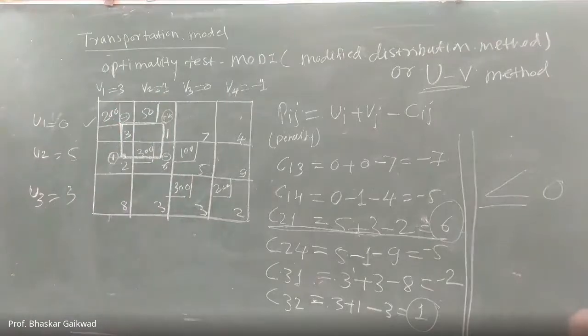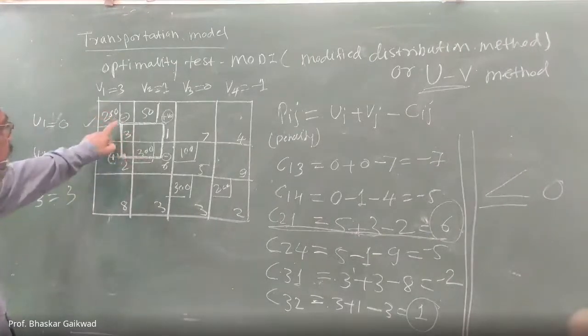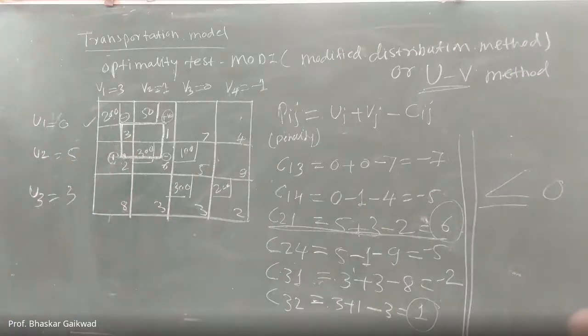Now, next step. Whenever plus is there, you have to add plus. Whenever minus is there, you have to subtract. Means, see on the tables, plus means this, out of this the minimum value is 200.